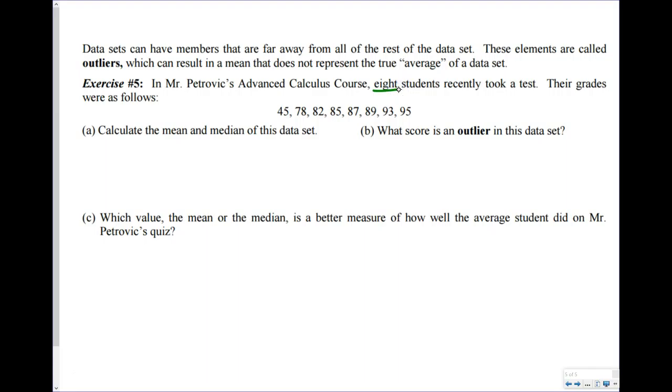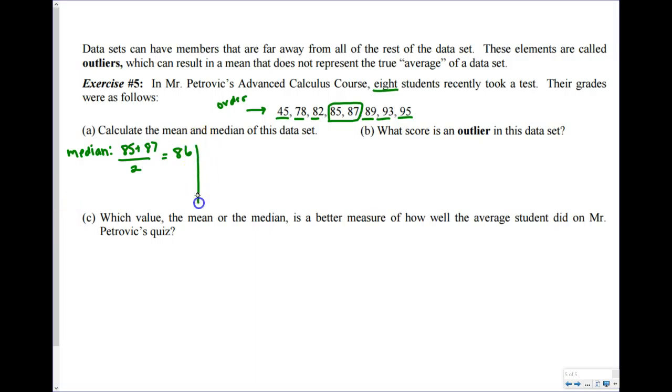Calculate the mean and median first. They're already in order. Always pay attention if they're in order. So now I just have to find the mean and median. The median would be me going 1, 1, 2, 2, 3, 3, 4. So here are the two median numbers, 85 plus 87, divided by 2 gives me a median of 86.